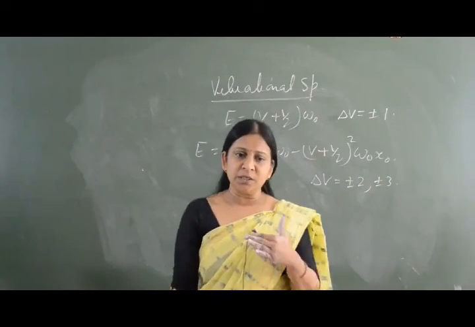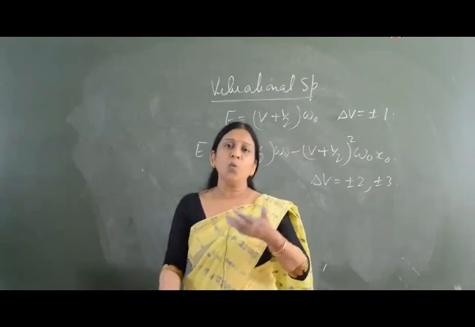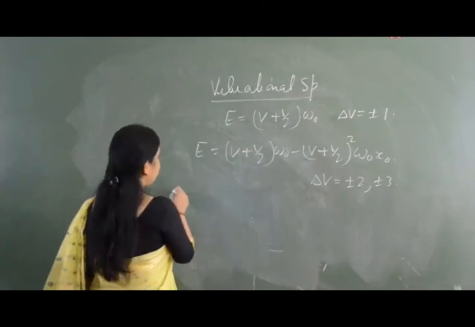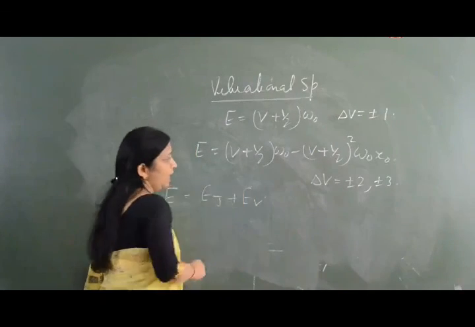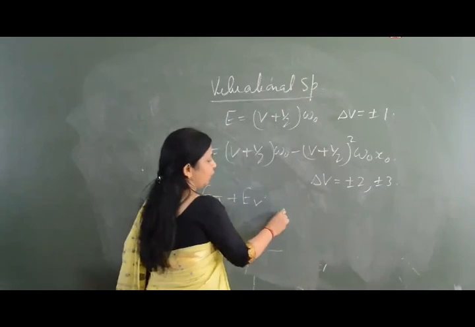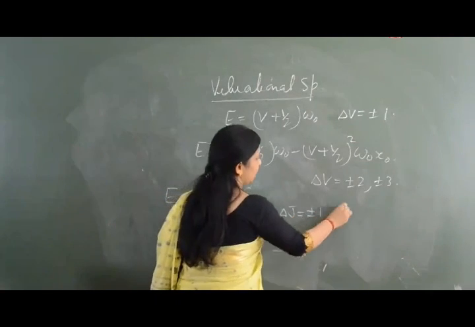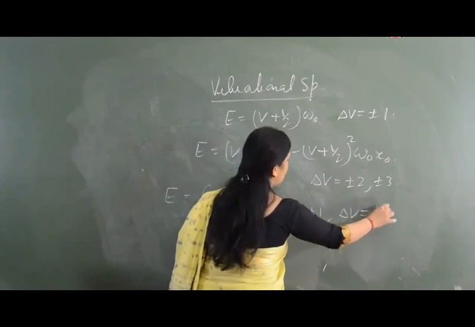And then we considered vibrational spectra together with rotational spectra, and the equation was Ej plus Ev, and here the selection rule is ΔJ = ±1 and Δv = ±1.